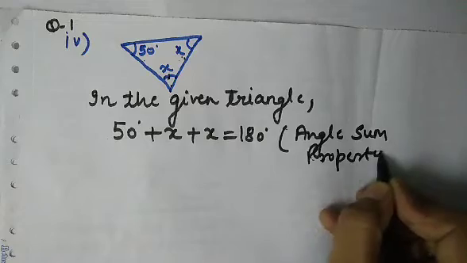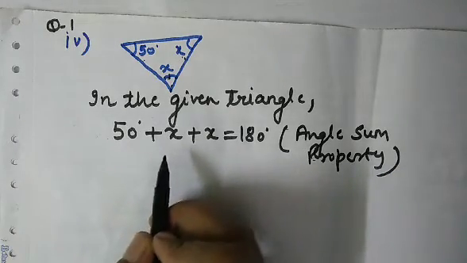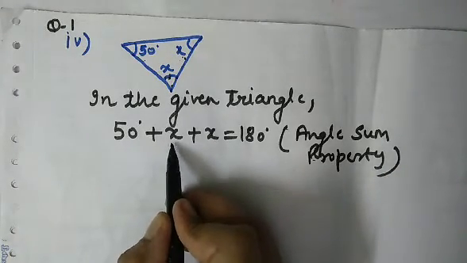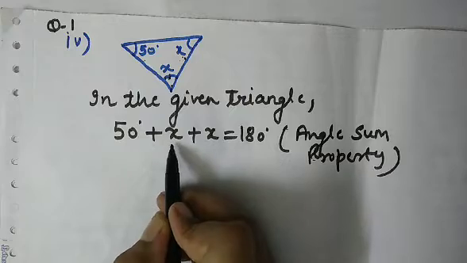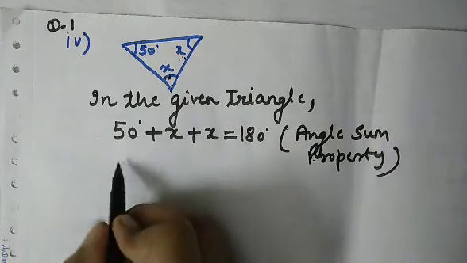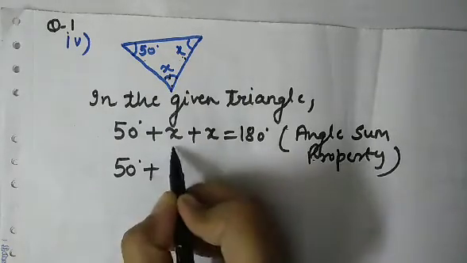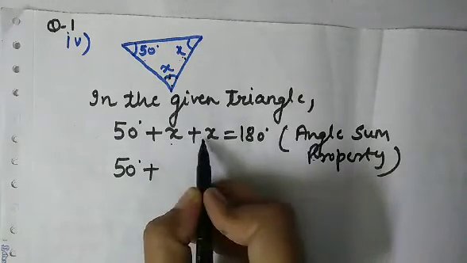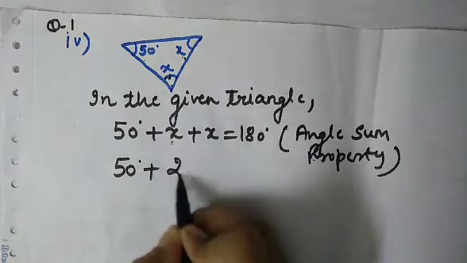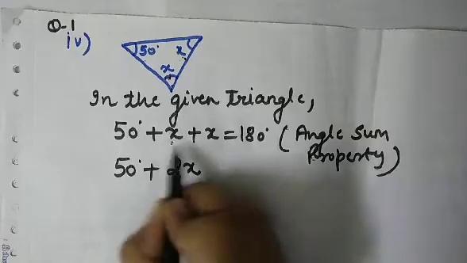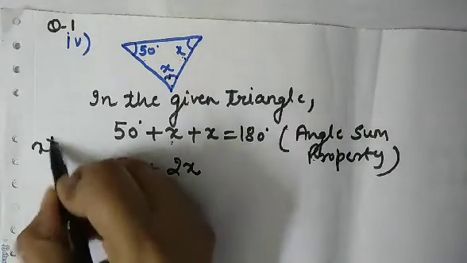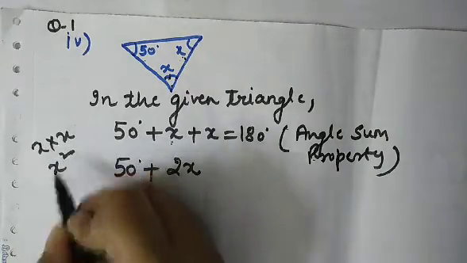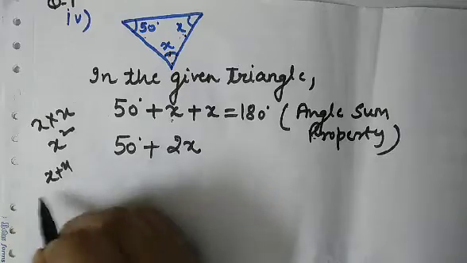Now add the like terms: the terms which have x will be added together. So it will be 50, and x plus x, because the coefficient of x is 1 and here also 1, so x plus x is 2x. This is not x square, however x into x is x square. And x plus x is 2x.